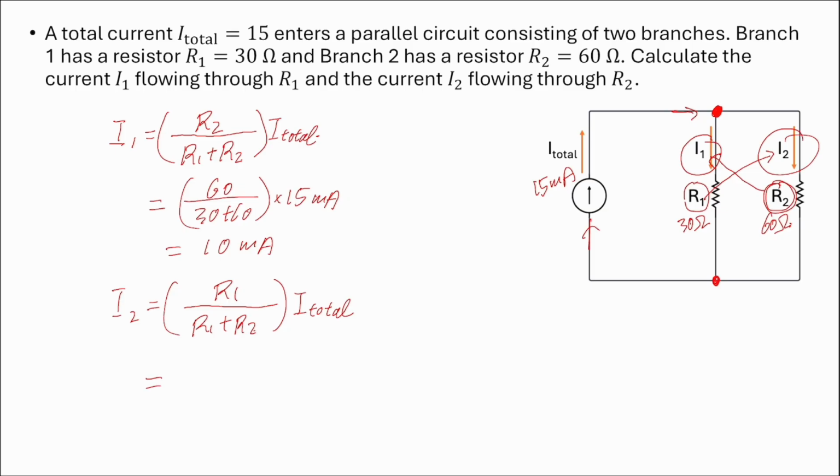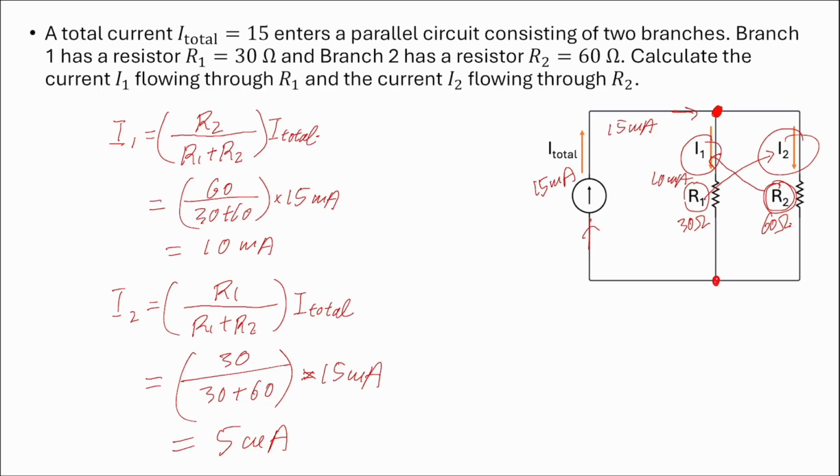If you plug this in, it is 30 over 30 plus 60, times 15 milliamp, and this is 5 milliamp. So again, this is 15 milliamp, I1 is 10 milliamp, I2 is 5 milliamp.